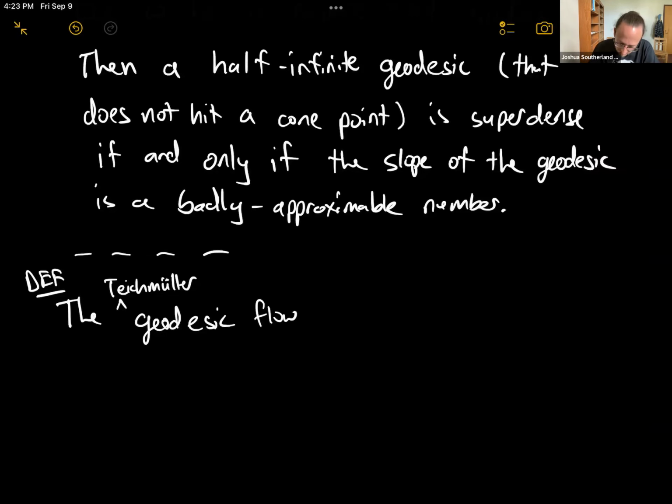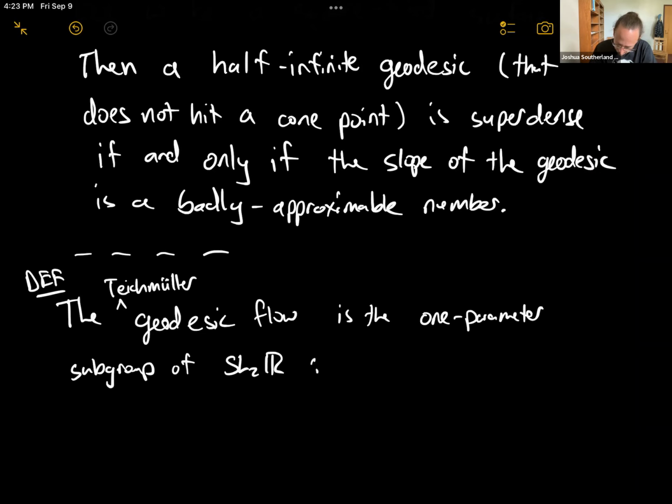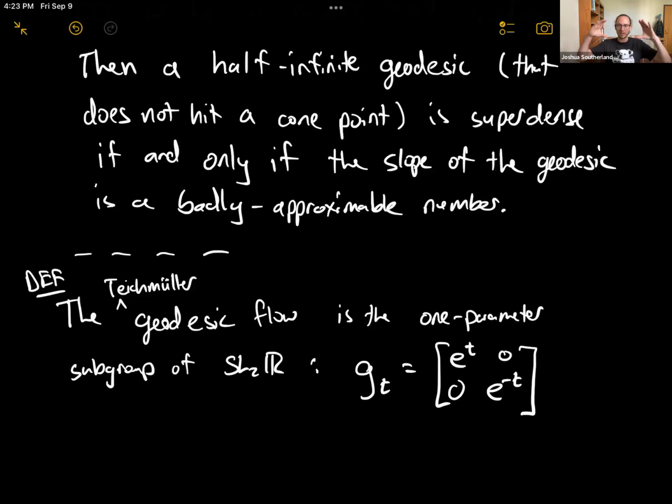The Teichmuller geodesic flow is the one parameter subgroup of SL2R that looks like this: e to the t, e to the minus t. What this does is, as you continue to hit your surface with this one parameter subgroup, it compresses the y direction exponentially in time, and it stretches the x direction.